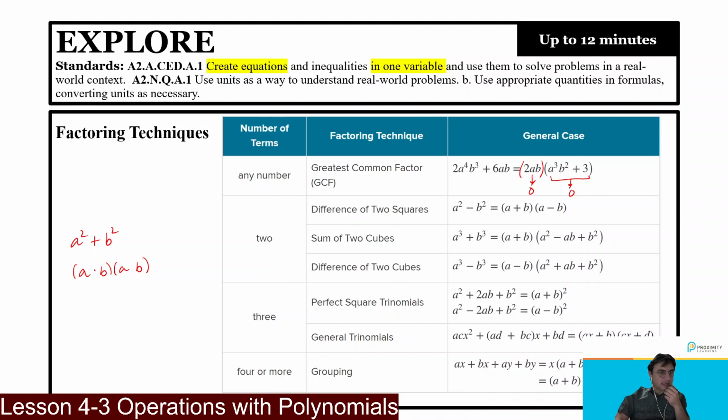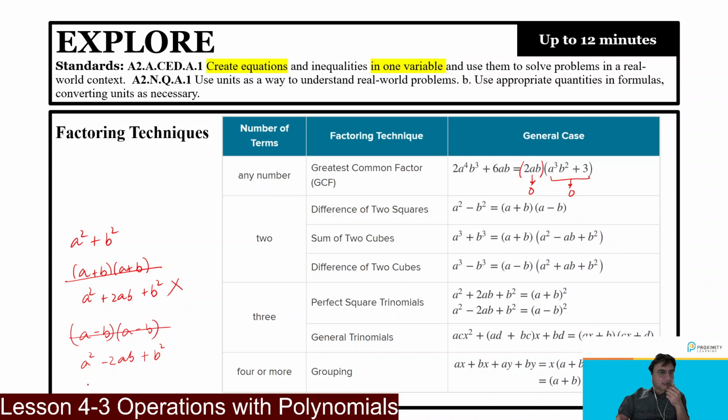If I try plus and plus, then I get a squared plus 2ab plus b squared, which is incorrect. That's not right. If I try a minus b times a minus b, then I get a squared minus 2ab plus b squared.